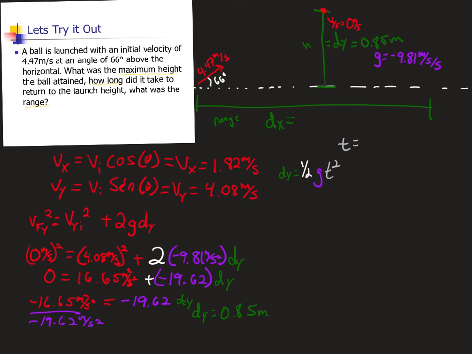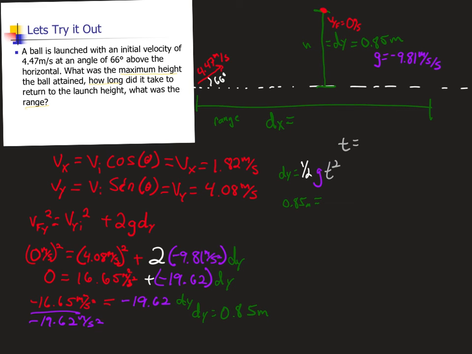Solving for what I know, 0.85 meters is equal to 1/2 of 9.81, which we solve for quite often.